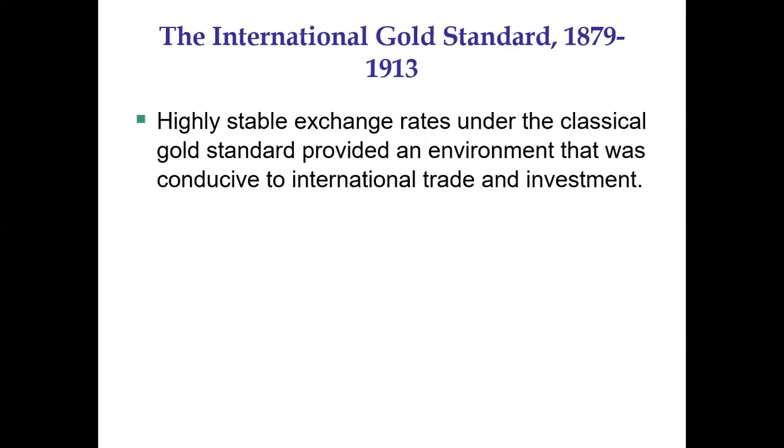In this period, from 1879 to 1913, the colonies were there. The market was controlled by three or four major powers like French, Germans, Dutch, British, and partially by the US.